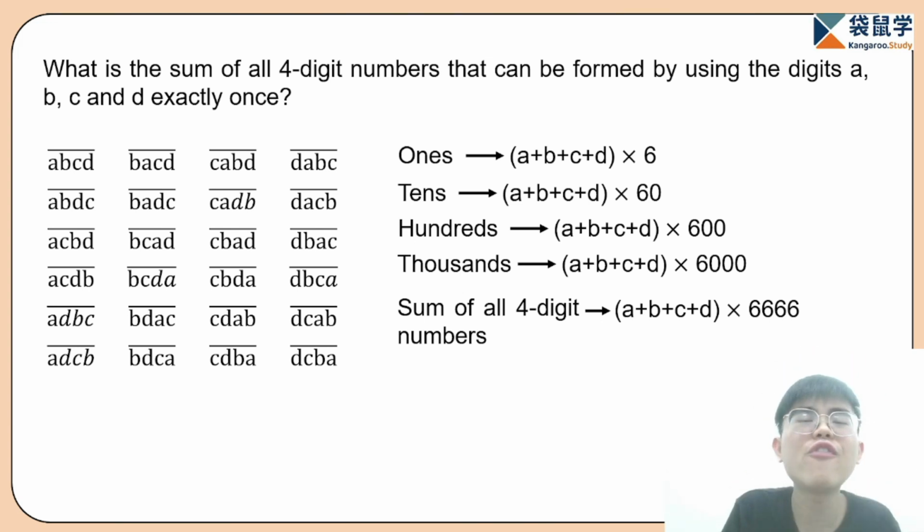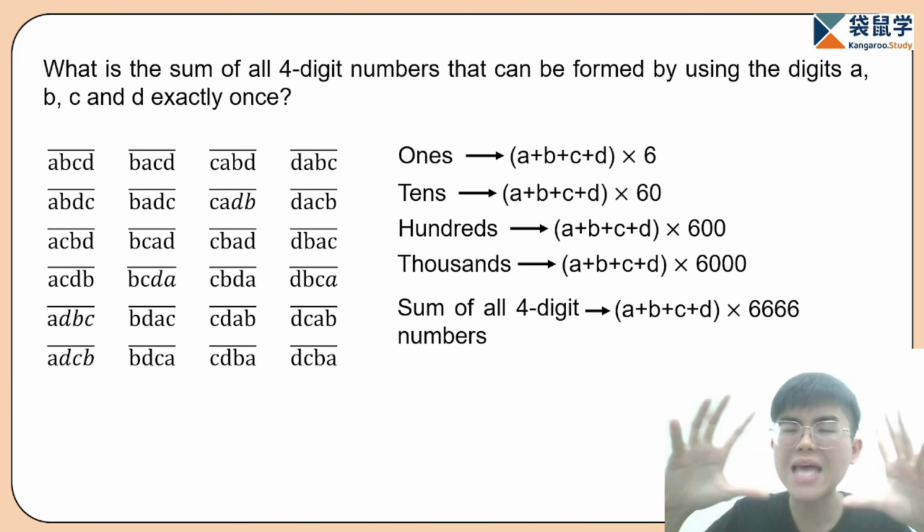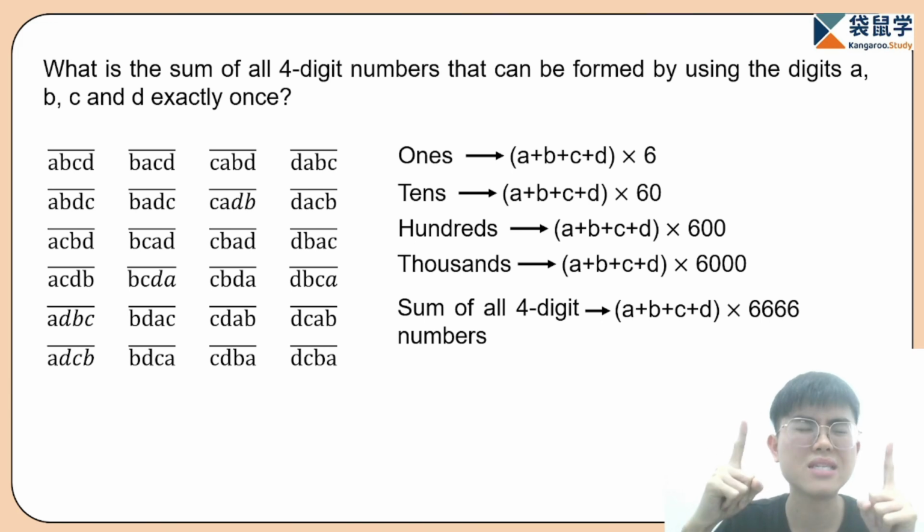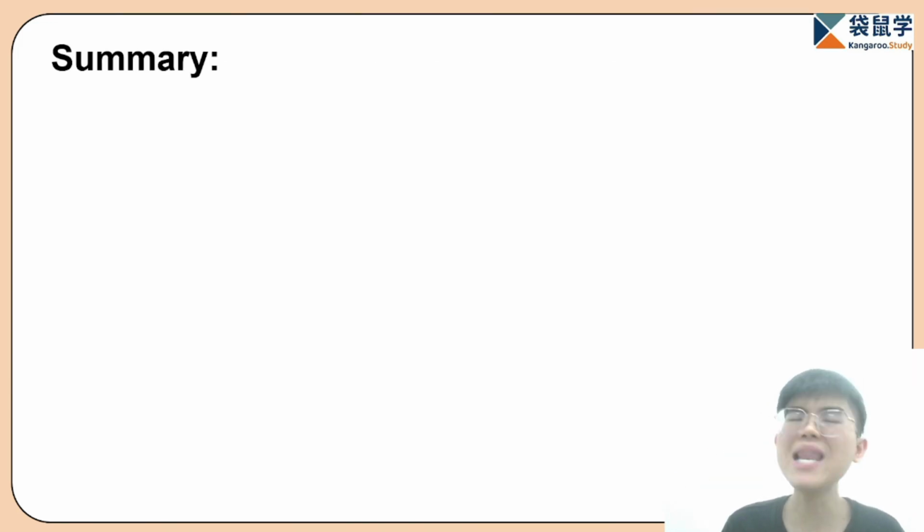As long as the 4 digits are different digits from 1 until 9, then you just have to use the sum of all the digits and multiply by 6666.